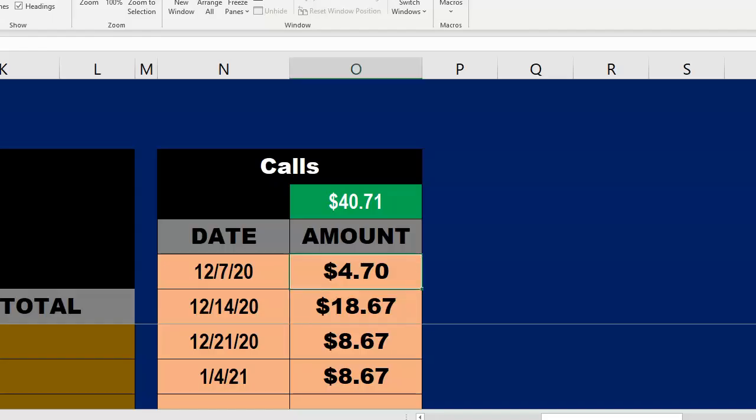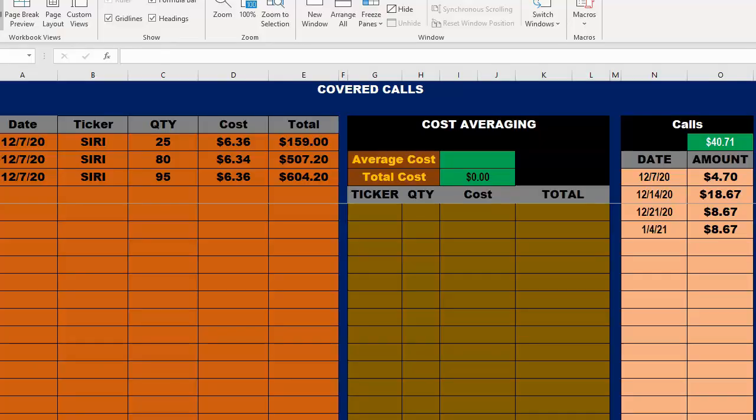So again, we got 470, 1867, 867, and 867. What this sheet is basically designed for is our cost average. That's what covered calls and this strategy that I do is all about, because it's not about losing money, but I can also show you where it's possible to sell this even at a lower call. But let's look at this.